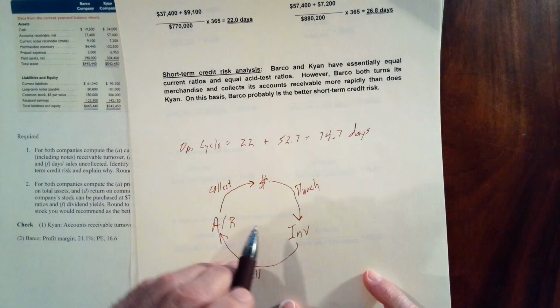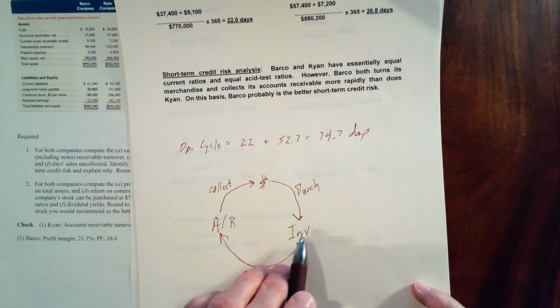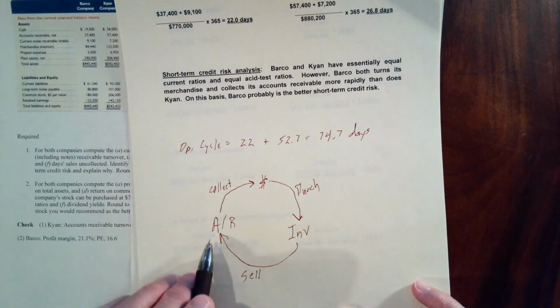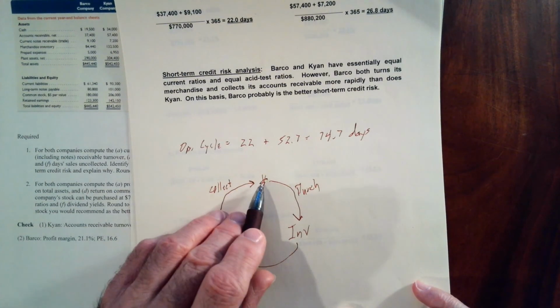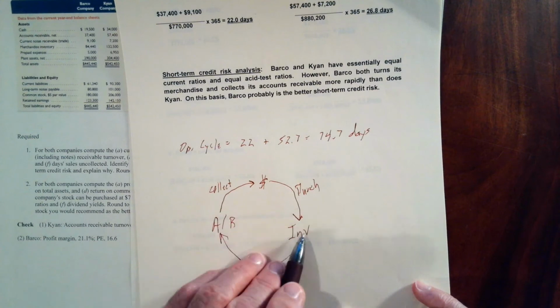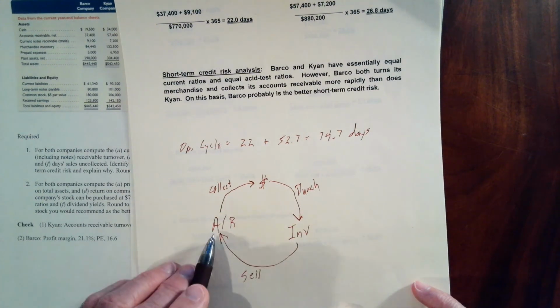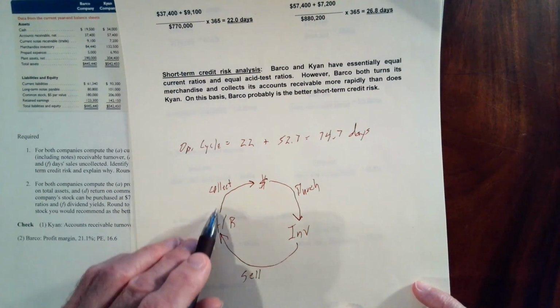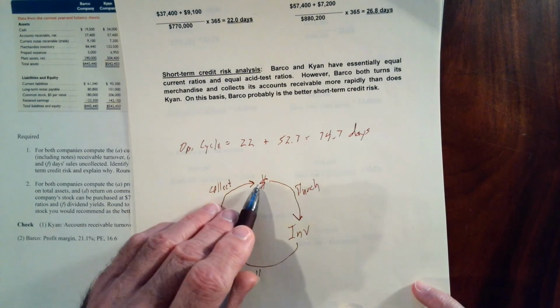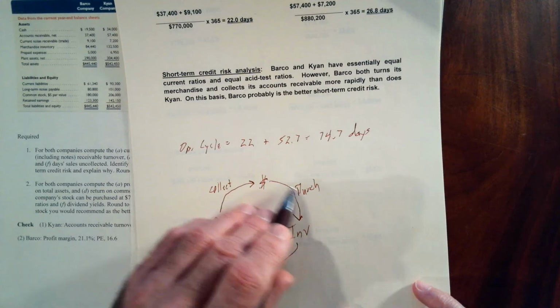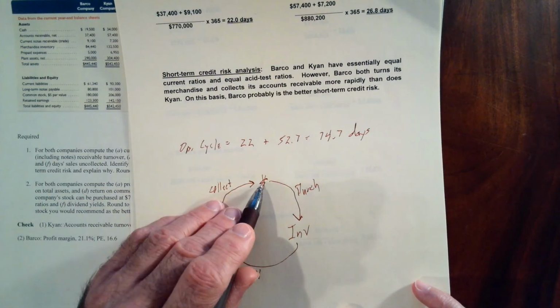So your cash is used to buy more inventory. You sell that inventory to your customers to create accounts receivable. Then you collect the accounts receivable and turn it back into cash. You buy more inventory, sell it to your customers, create accounts receivable, and collect again. You understand why this is called the cash-to-cash cycle? Because it goes from cash, all the way through this, and becomes cash again.